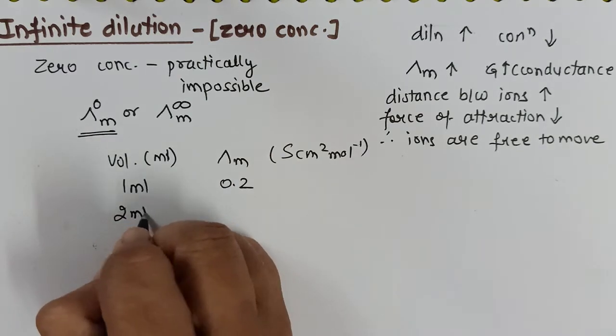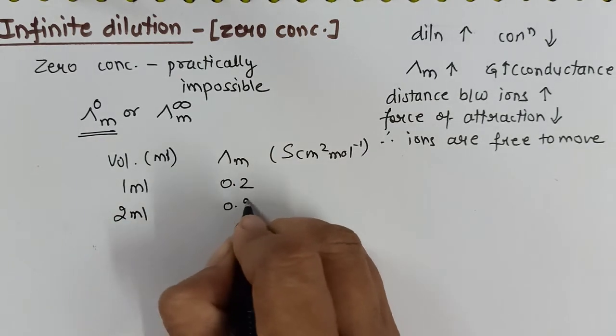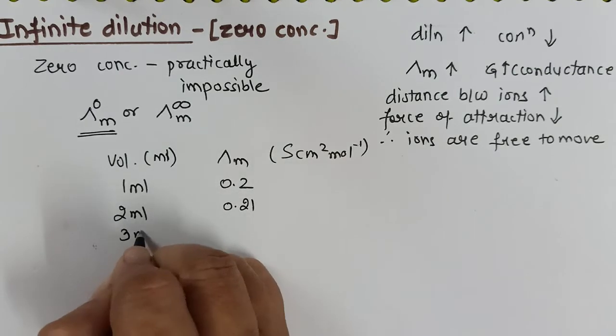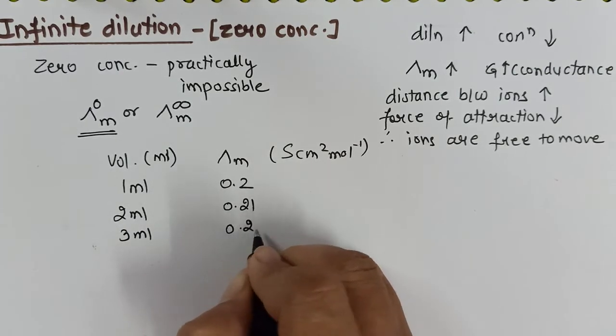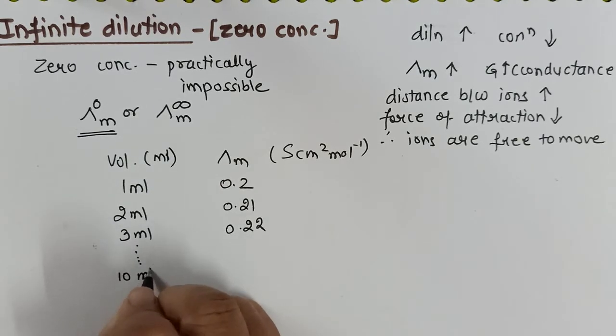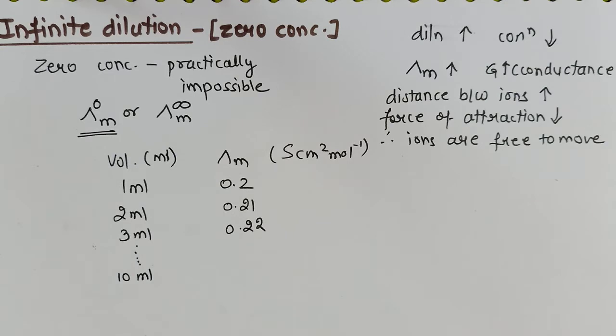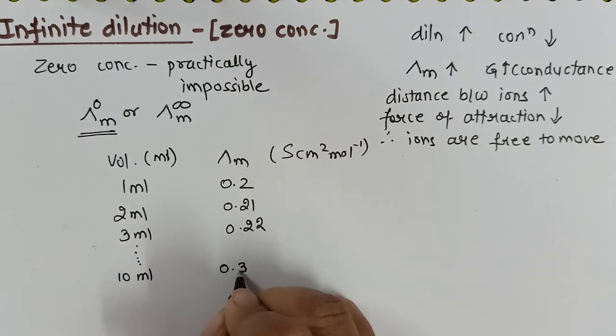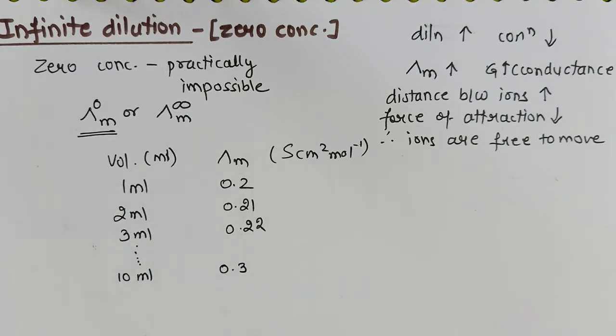If I make the volume 2 ml, then it becomes 0.21. If I make the volume 3 ml, it becomes 0.22. Like this, if I go on increasing the volume, let's say now I have made the volume of the electrolyte 10 ml and lambda m becomes 0.3 Siemens centimeter square mole inverse.